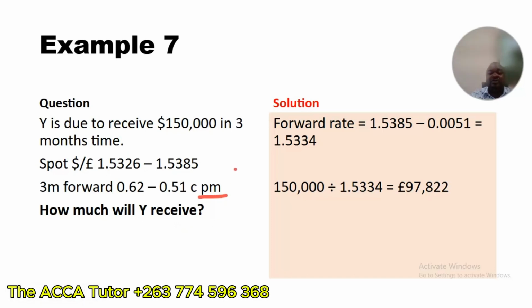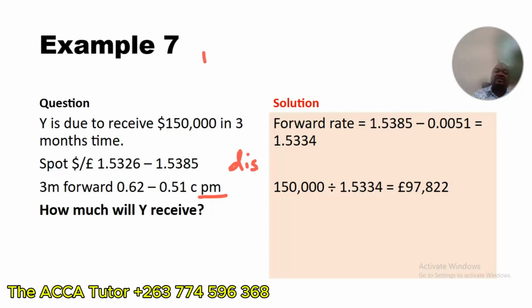If it is the discount, usually they say this. So that's the quoting of the forward. So you now know the principle. The forward is quoted at premium. So how much will Y receive?